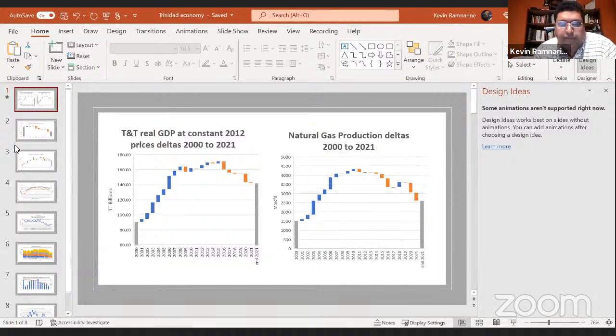But if you look at the graph next to it, the graph next to it is almost a mirror image of the GDP graph. And it shows quite clearly the relationship between natural gas production and GDP in Trinidad and Tobago. So clearly from the graph, you could see the orange bars are lining up with each other.